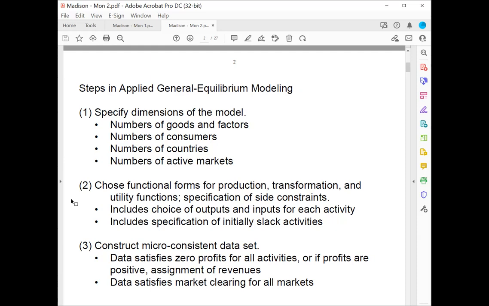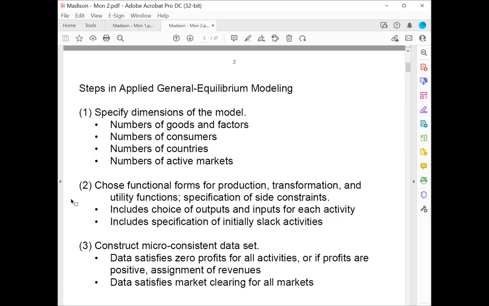So for example, there may be many goods for which there's no trade between country I and country J, or certain technologies, say to produce electricity, are not used in the benchmark. But you might want them in there because policy changes or other changes might bring them active and make other things zero.